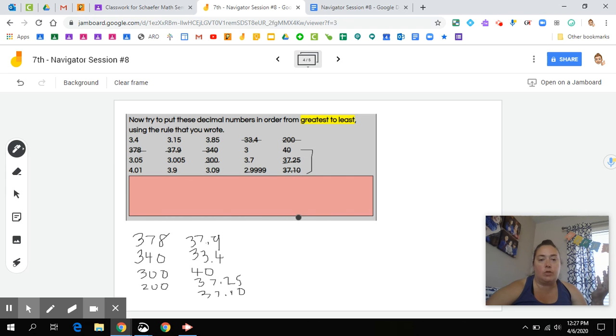And then I could do anything that was just in the ones place that maybe has decimals and so on. So I have this 3.4, and this would be a long list here.